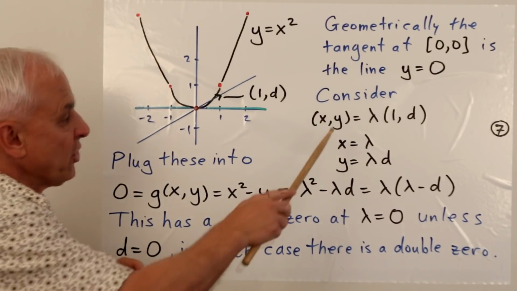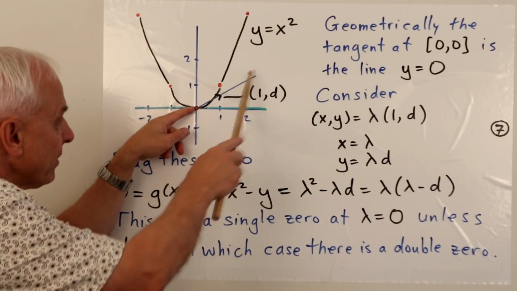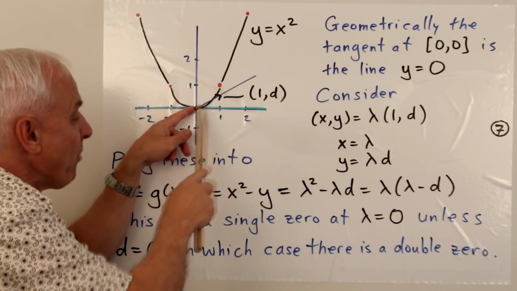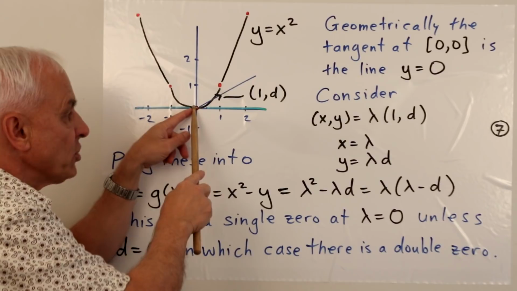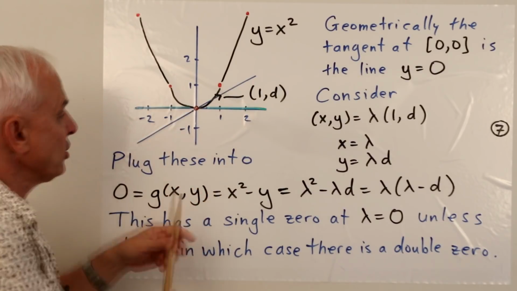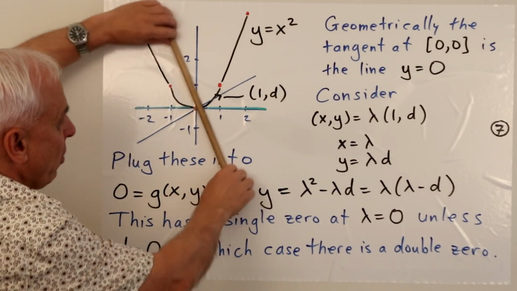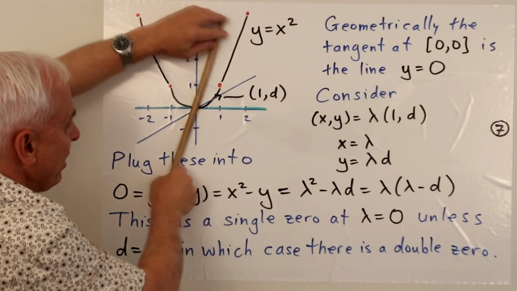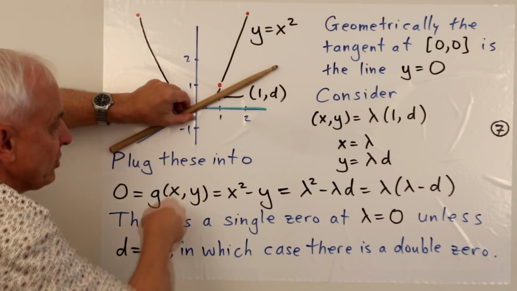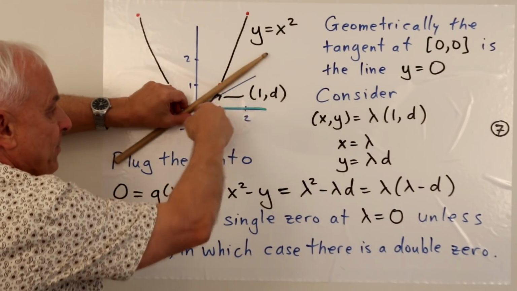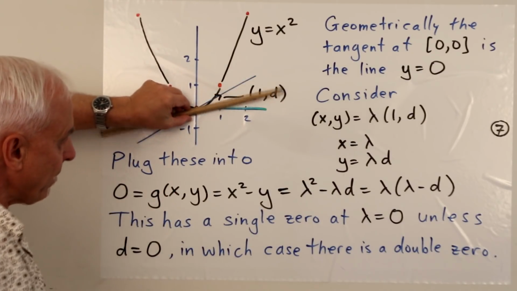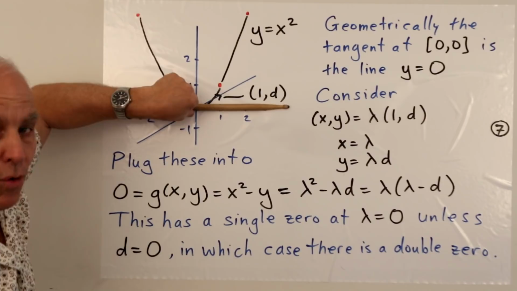And let's consider (x, y), in this case here, being somewhere on this line from the origin determined by (1, d). So we're looking at all the lines through the origin, actually all of the lines except for the vertical one, and we want to sort of understand what happens as we go along these lines.